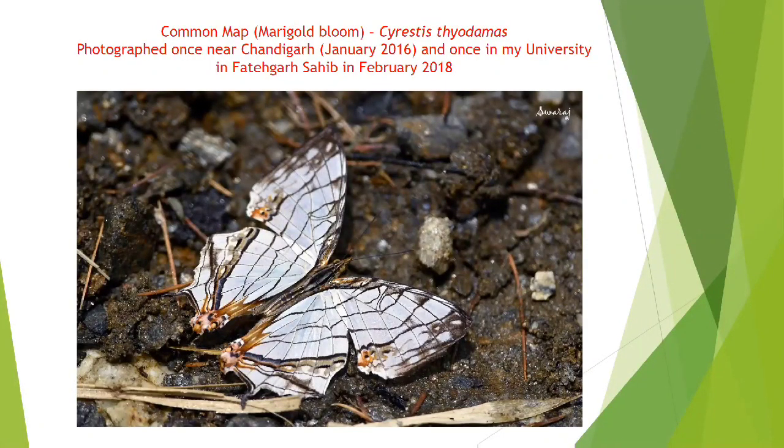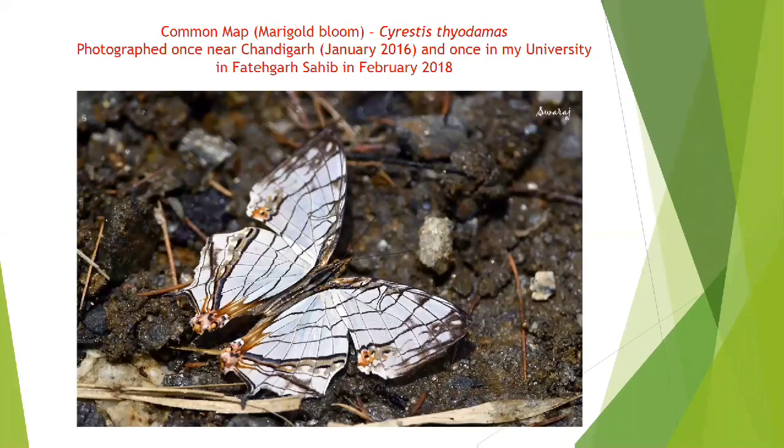Common map. Now, common map, also called marigold bloom, Cyrestis thyodamas. I was very surprised to see one February morning when I was moving around in my university campus.